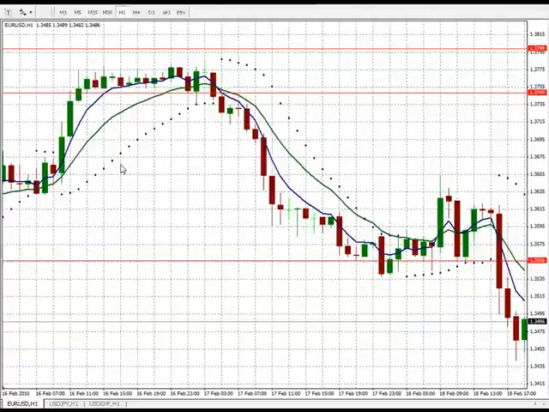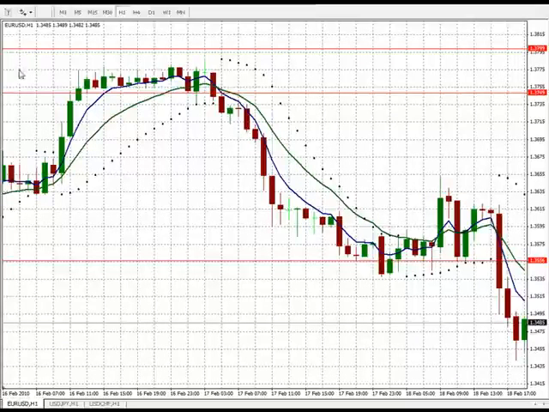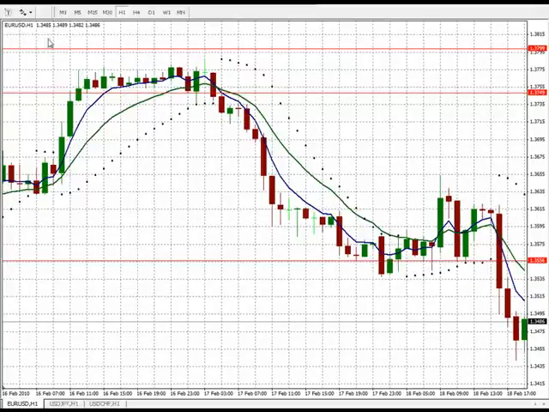Okay, so let's just look at an example trade here on the charts. I'm looking at the Euro US dollar chart on the 1 hour time frame, which is what you should be using this system in, especially when you're starting out. The 1 hour is the easiest to trade with this system. And just taking a look here, we first need to look for our criteria, and the criteria is quite simple in this case. We're looking for the EMA 5, which is the blue line, to cross over the EMA 12, which is the green line, and to fall below it.